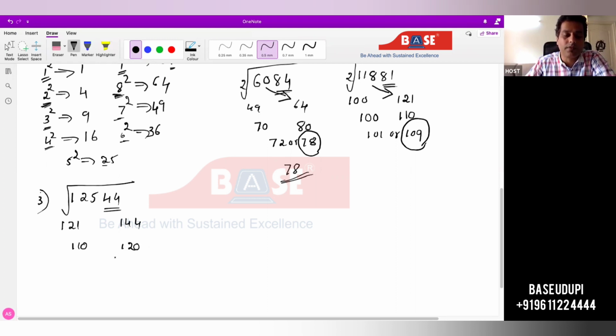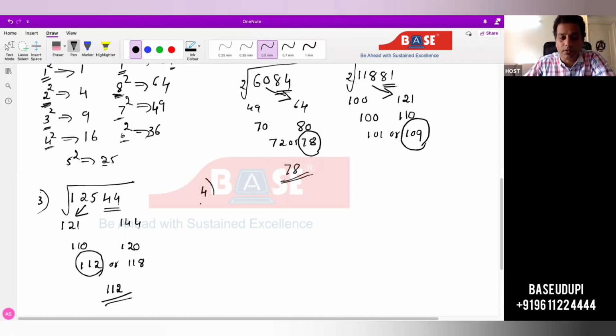The number ends with 4, so the answer ends with either 2 or 8. So 112 or 118. But 125 is close to 121, so you need to go with 112. So the answer for the question is 112.